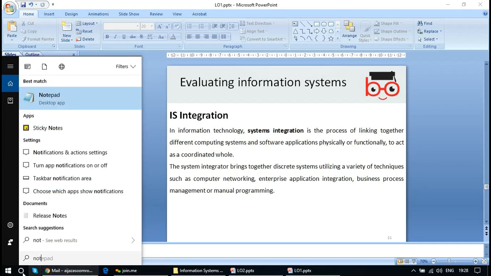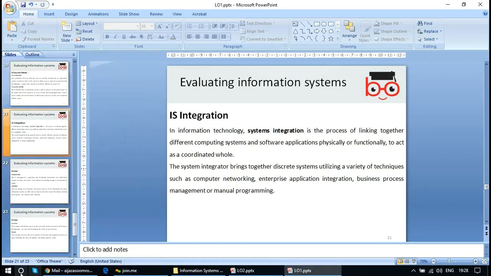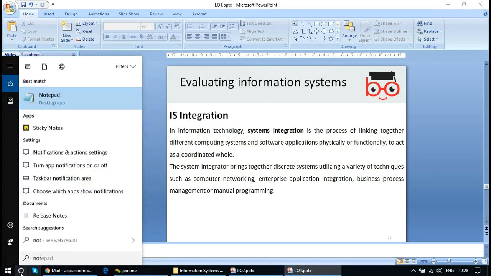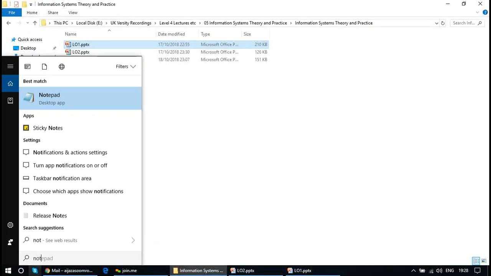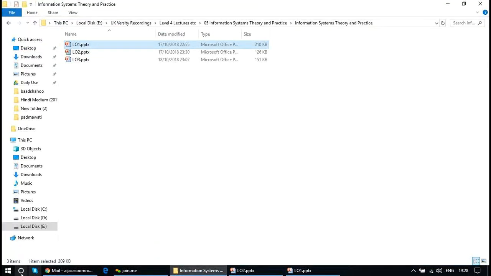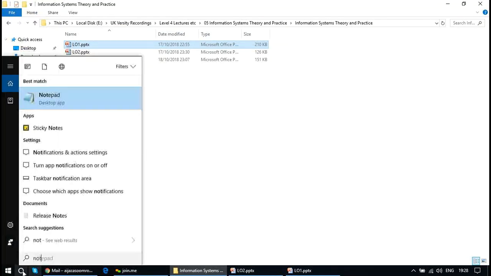The system is, you know, I get that problem sometimes. Do you? Yeah, with Windows 10.